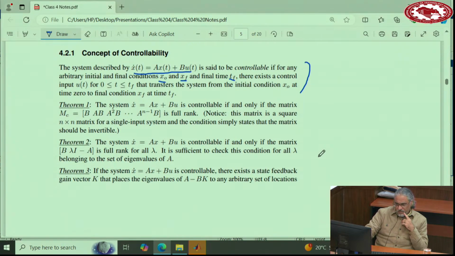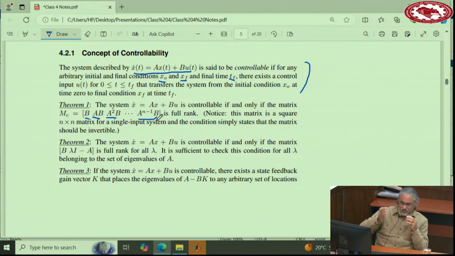Okay, now I'm going to state 3 theorems, and we do not prove them. Some of them are easy to prove, some of them difficult, but anyway, we don't need to prove them. But it's easy to understand them and easy to work with them. So the first theorem says this system that we just talked about is controllable if and only if this matrix B, AB, A squared B, all the way to A to the n minus 1 times B is full rank.